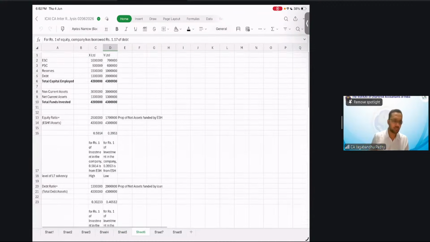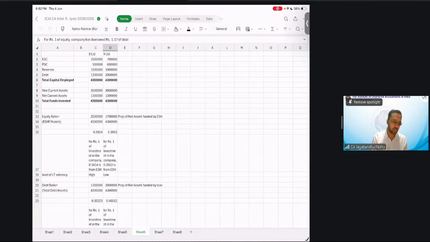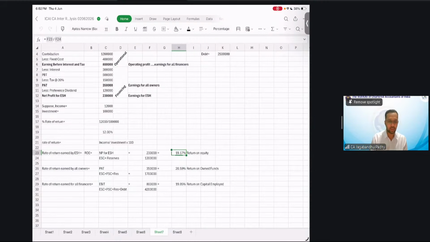And then we had some of the long-term solvency ratios also, which included equity ratio, debt equity ratio, proprietary ratio. And we also did an interesting aspect of gearing, wherein we said that it's favorable to borrow if you are able to invest that borrowed money at a rate higher than the rate of interest. And also we have found that the rate of return which needs to be earned by all financiers, which is the return on capital employed, should be more than the rate of interest, right?